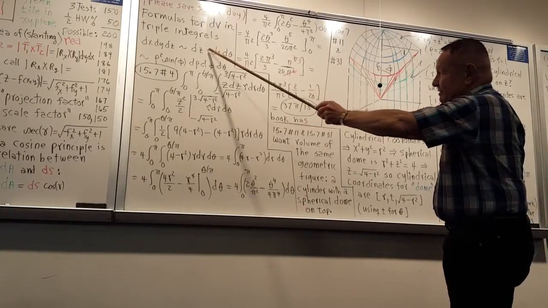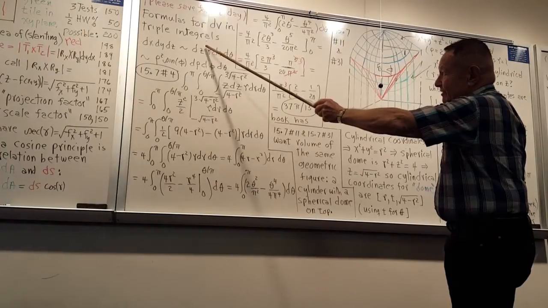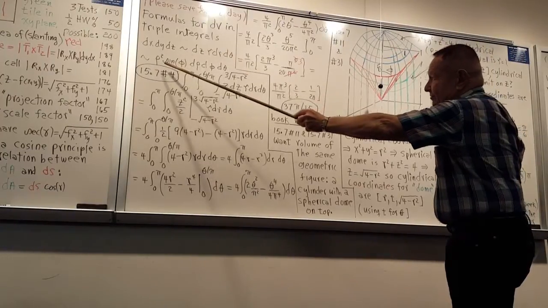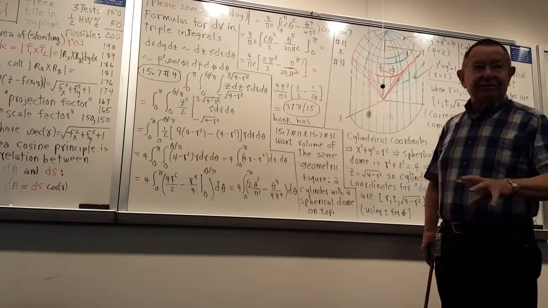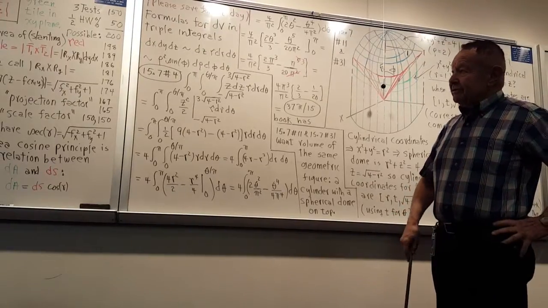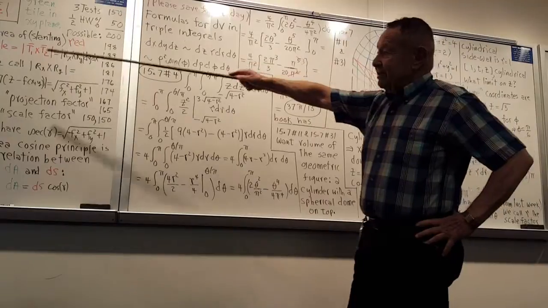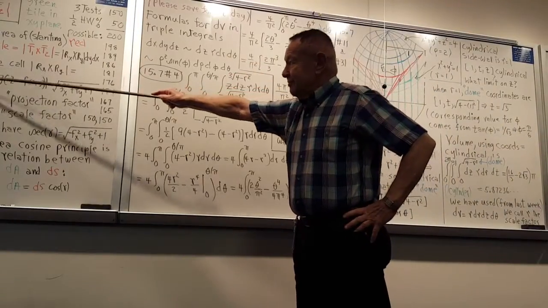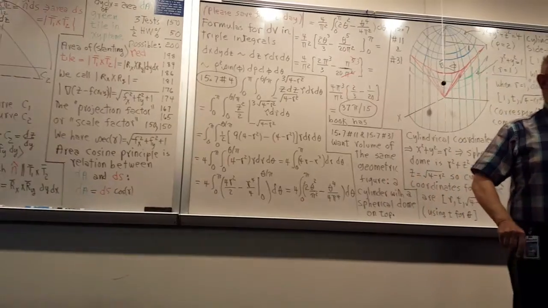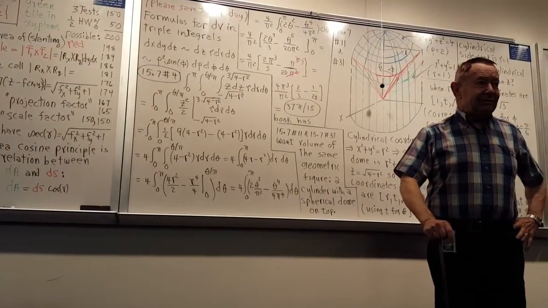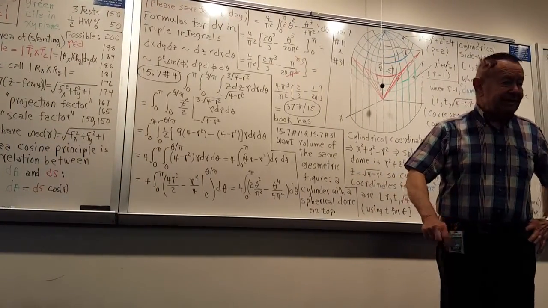So notice there is the extra factor here of r and here of rho squared sine phi, and that has to do with coordinate transformations, which we'll start to talk about at the end of today's class and continue with in chapter 16.